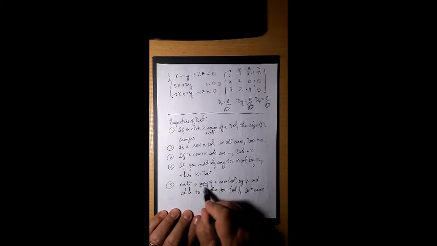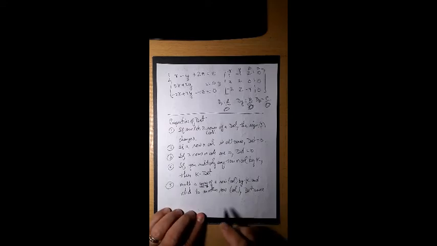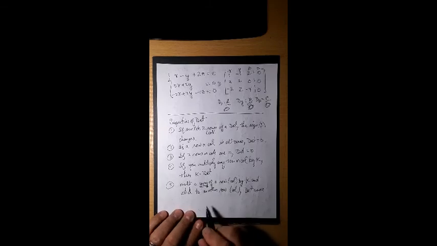And that's why you're taking a copy. You're not changing the row. You're taking a copy of one row, multiplying it, say, all by 2's, adding it to another row. It doesn't change the determinant. Sort of interesting. It's when you add a multiple of another row that doesn't change.